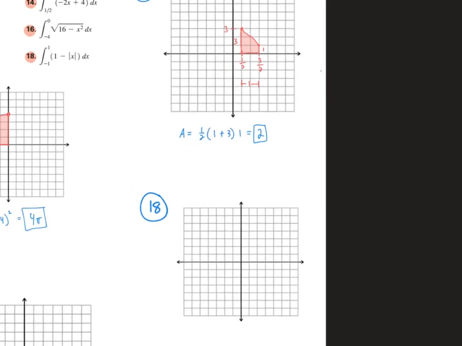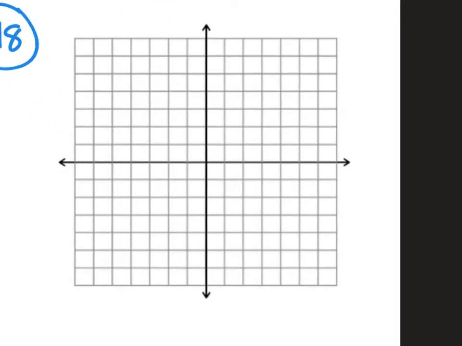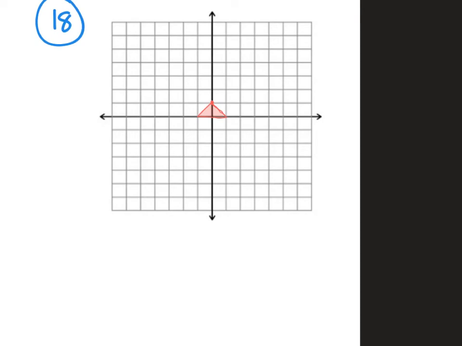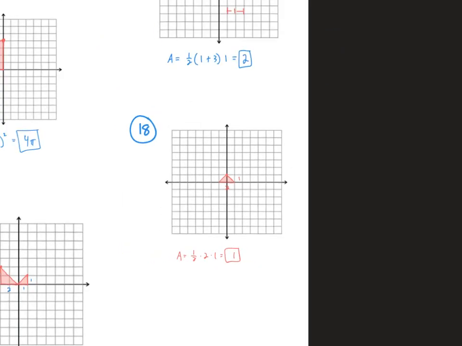And we only care from -1 to 1. So we have this and just this. And you can see when you plug in -1 or 1, you get 0. And so this is it. Alright, so this is a triangle. So we'll do 1/2. The base is 2 and the height is 1. Base times height is 1. And that's it.